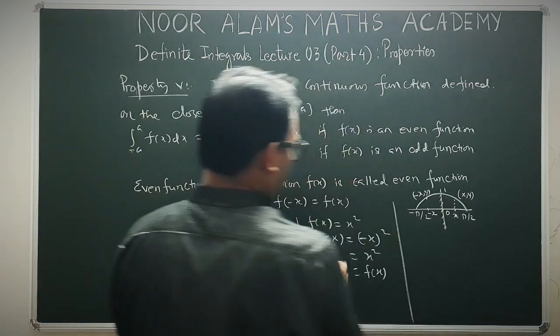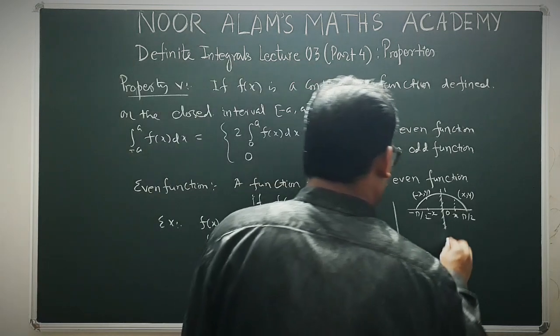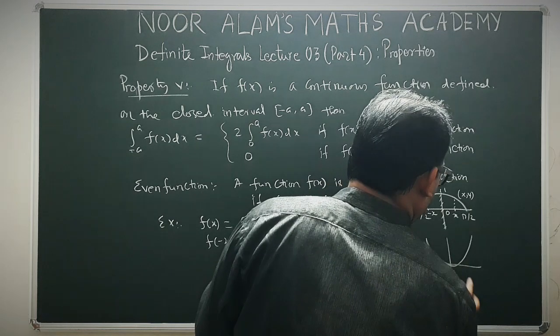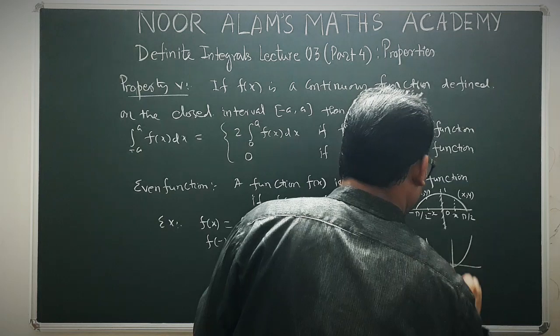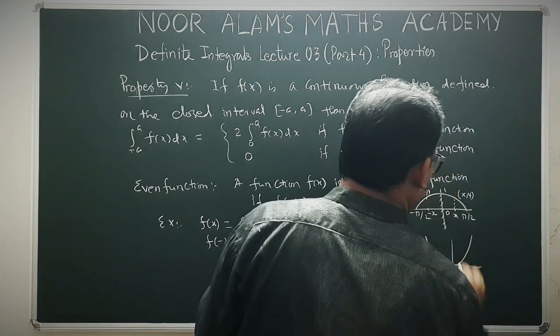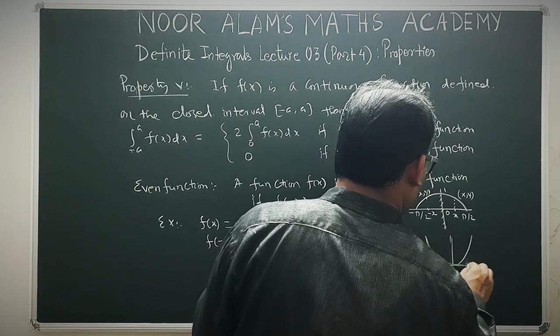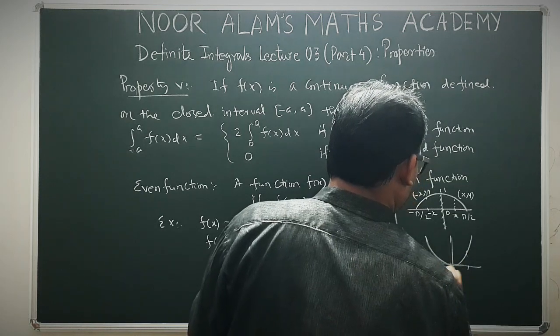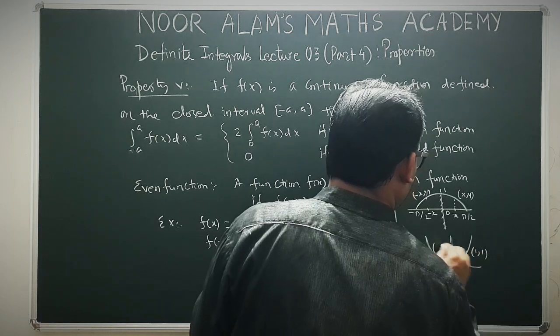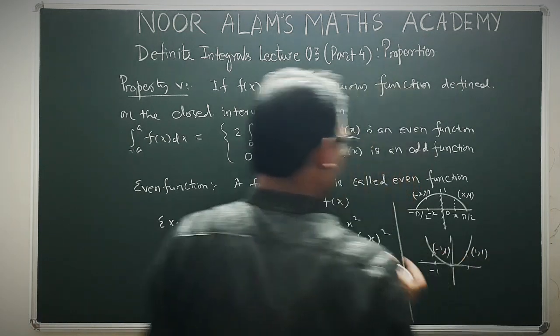Now if you see the graph of x square, you know that this is a parabola, and this parabola is also symmetric with respect to the y-axis. If you take any point here, suppose (1, 1), then you get the same point here, (-1, 1). So if (1, 1) is present, then (-1, 1) is also present on the curve.